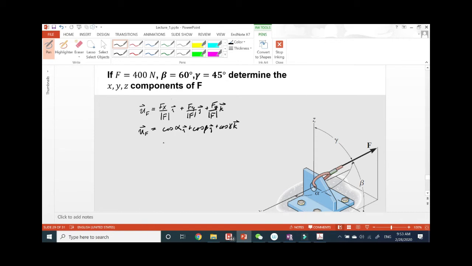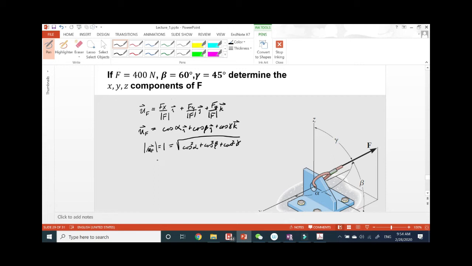This is a convenient form because we know that the magnitude of a unit vector is 1, and we know the relationship then between the alpha, the beta, and the gamma would be something like this. The magnitude of the unit vector here is equal to 1, which is also equal to the square root of cosine squared alpha plus cosine squared beta plus cosine squared gamma.